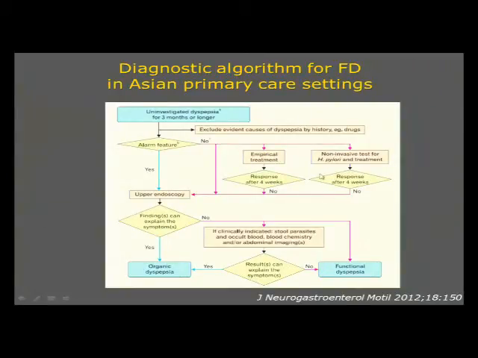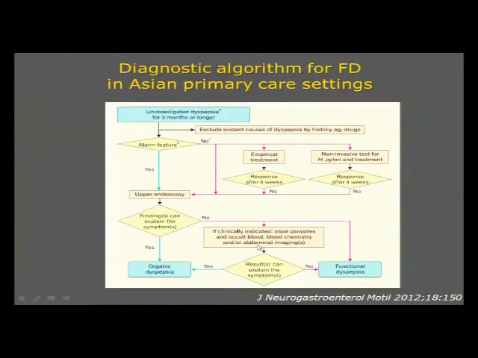Here is the diagnostic algorithm for functional dyspepsia, especially in Asian primary care settings. A diagnosis of functional dyspepsia can be considered on the basis of clinical symptoms and upper gastrointestinal endoscopy results. Other useful information for dyspepsia includes complete blood cell count and blood biochemistry tests.